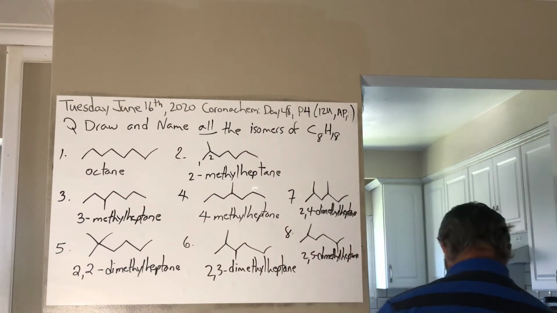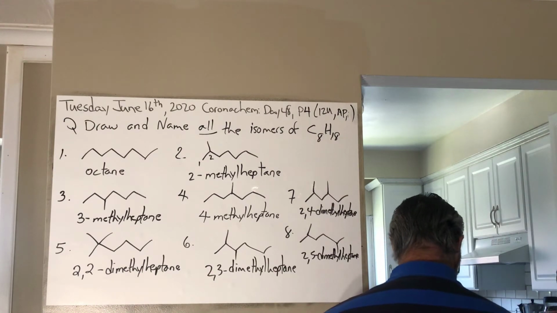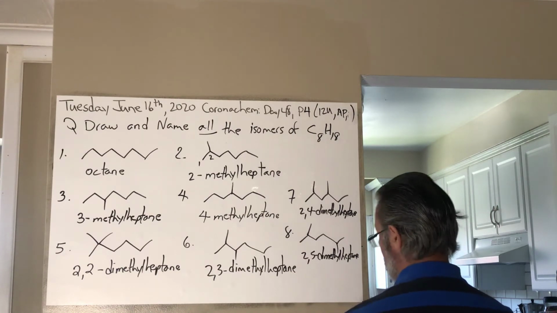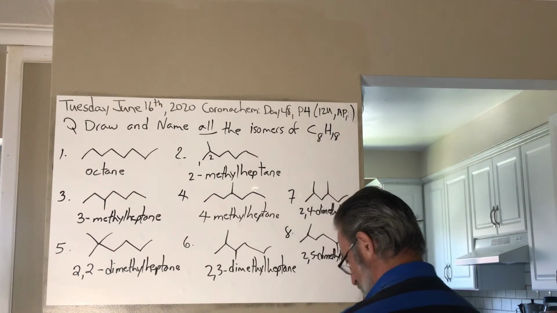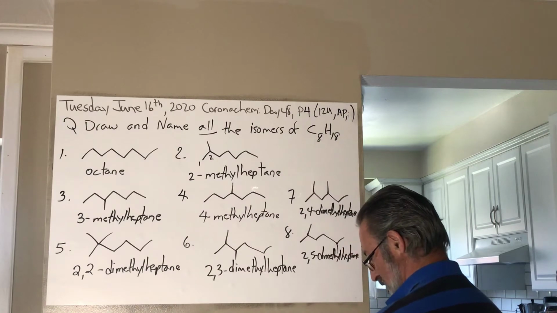And is 2,6 a possibility? No, because then it would become heptane. You can't put it at the 6th position, because then you'd go back to heptane. So that exhausts those possibilities.